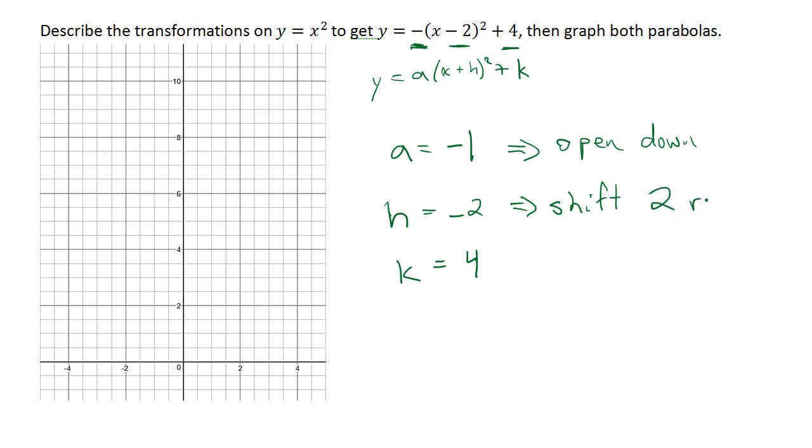So we're actually going 2 to the right. And finally, when k is 4, we're going to shift it 4 up. And we need to do all 3 of these things. Okay? Now I'll show you how this works.